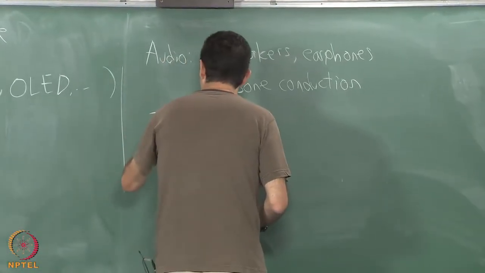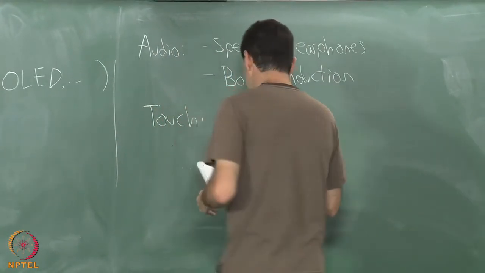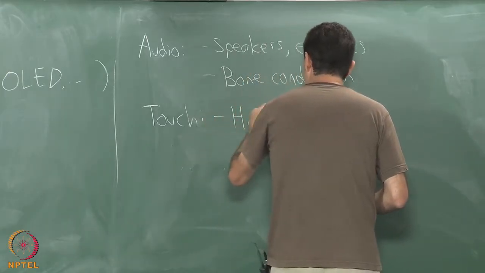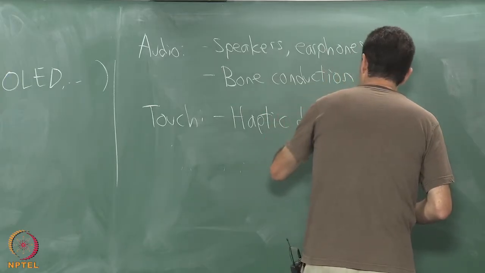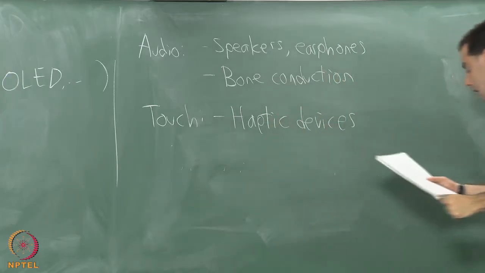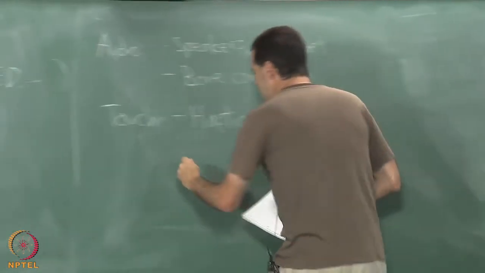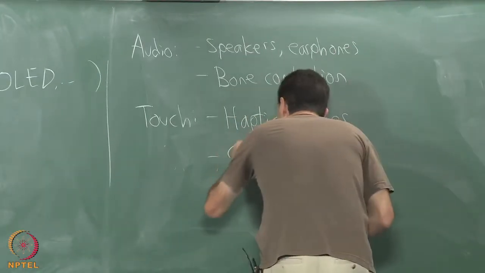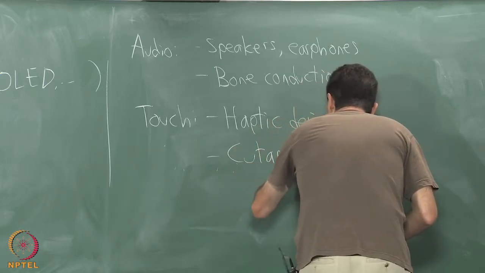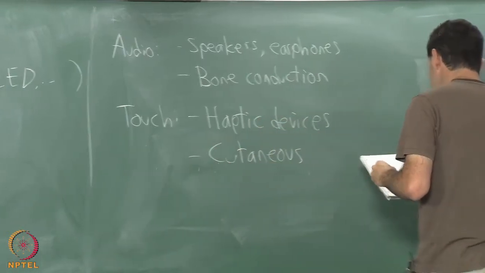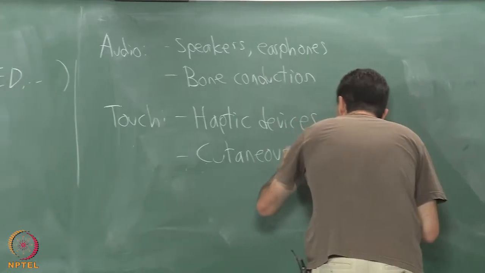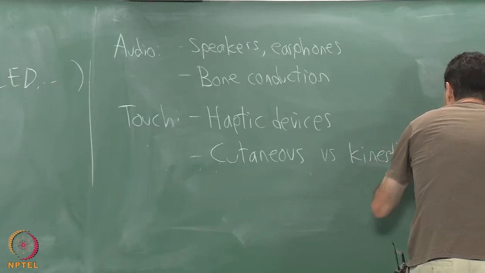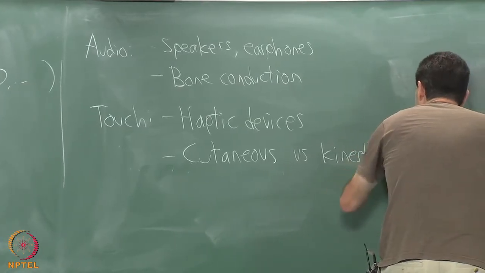Touch. So there are what are called haptic devices. And you know, I won't have time to cover these in the class, but a couple of general categories worth considering are cutaneous versus kinesthesia. It's a nice way to divide these up.